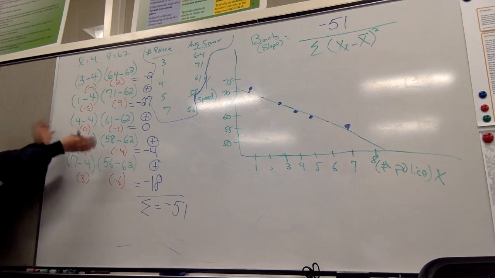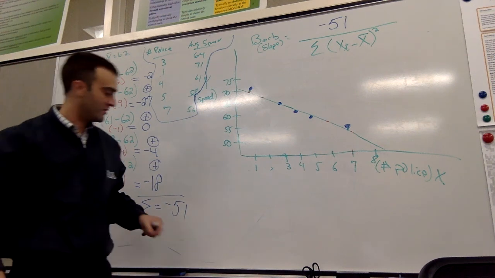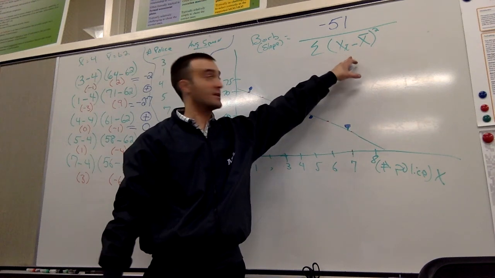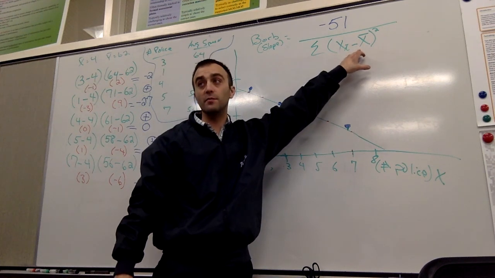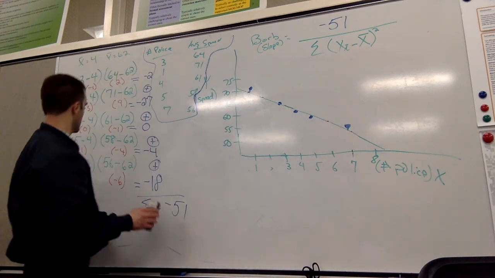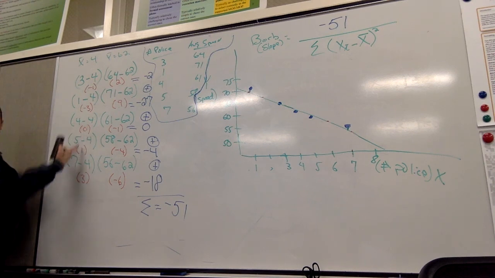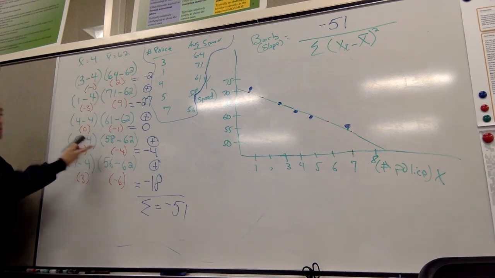Now, I usually first set it up like I did in green here because it makes going to do step 5 much easier. So step 5, we're trying to get the denominator. We take each individual x value, subtract out the mean of x, and then square it. So what I usually do is keep these numbers, because we've already done x sub i minus x bar.